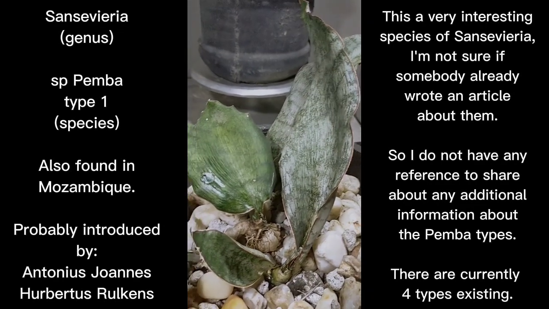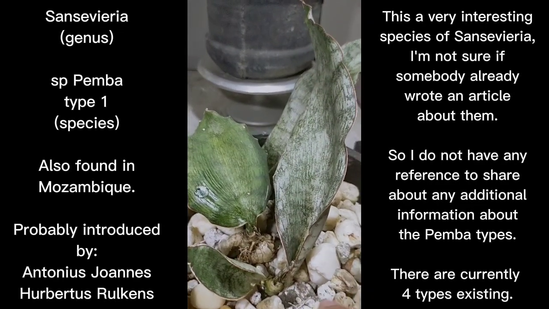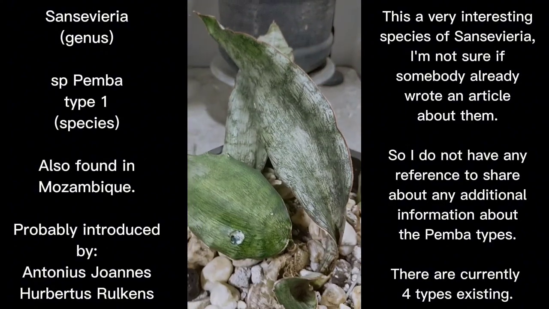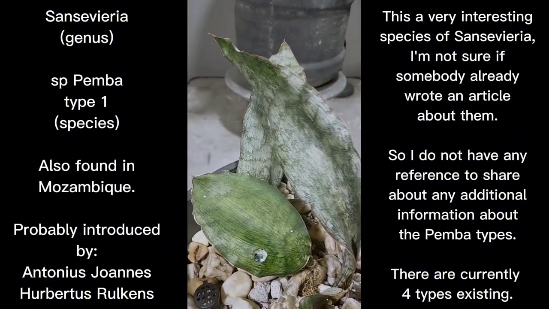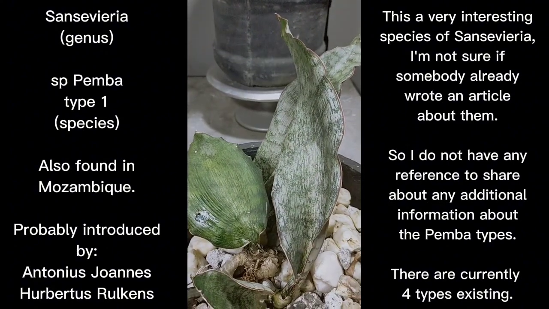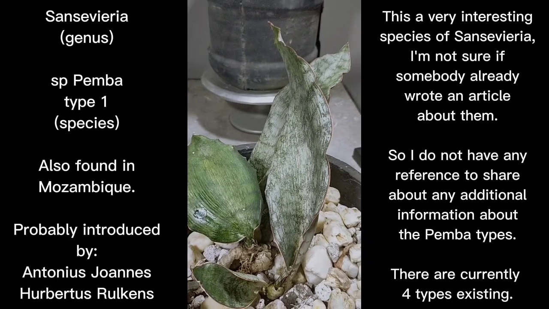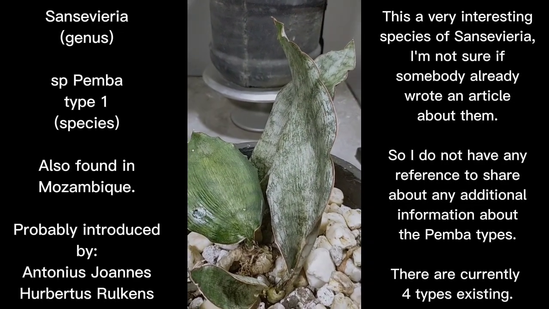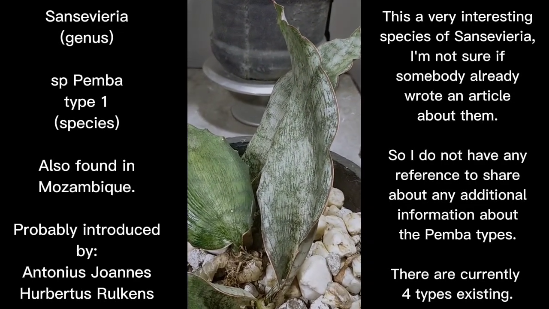So that's all the information that I can share with you folks. Next, we'll have to figure out other characteristics of Pemba type 1, because there are, like I said, 4 types of them.